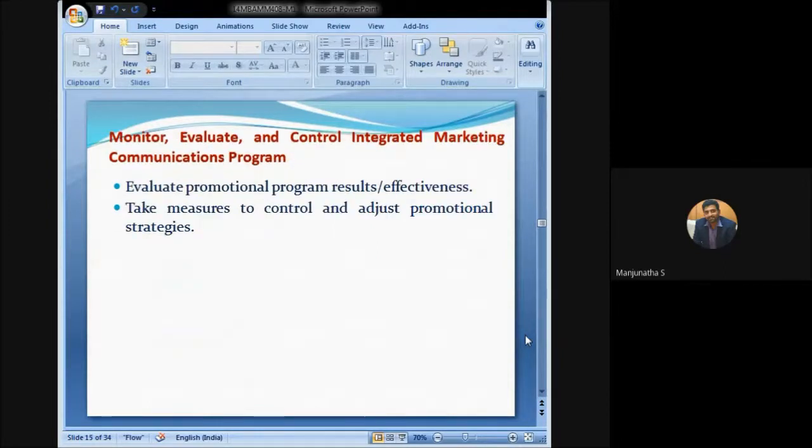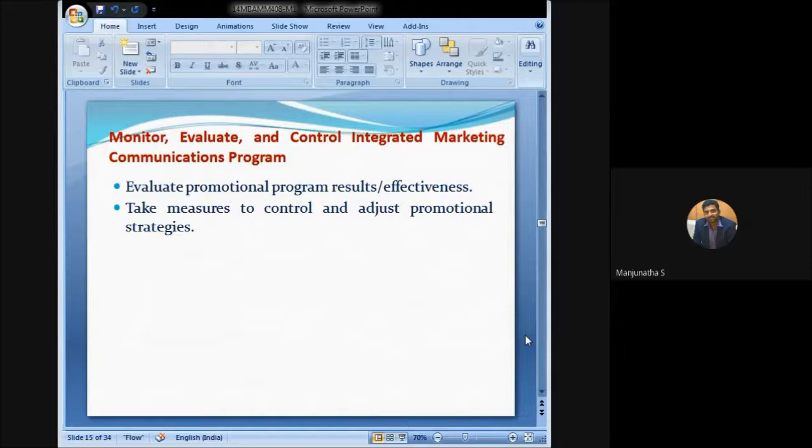The last step of the whole process, as we all know, is evaluation or monitoring. So here we monitor, evaluate, and control IMC programs, that is integrated marketing communications. We have to evaluate the promotional program results and effectiveness. We need to check whether what we planned, developed, and executed happened properly as per our expected results.